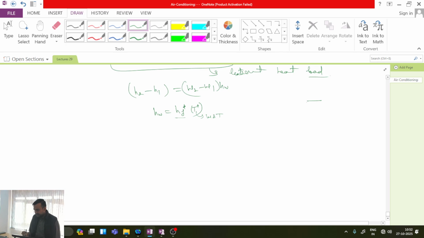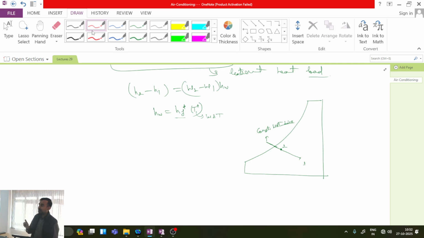So on a psychrometric chart, if this is my state 1, and makeup water is supplied at T star, then the process will simply follow a line, and that line will be nothing but a constant wet bulb temperature line. So this 1 to 2 process will be along the constant WBT line. This is when water is supplied at the wet bulb temperature.